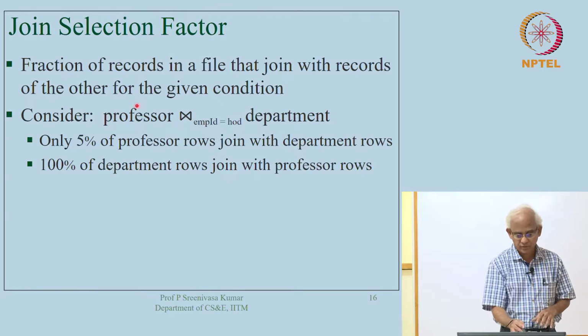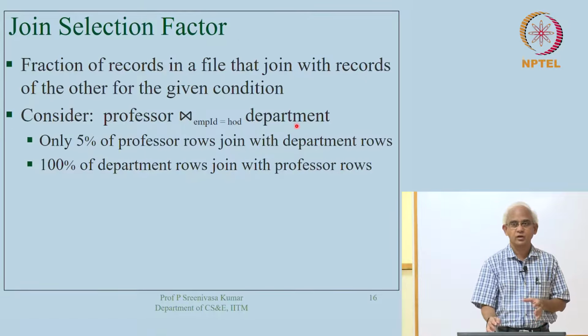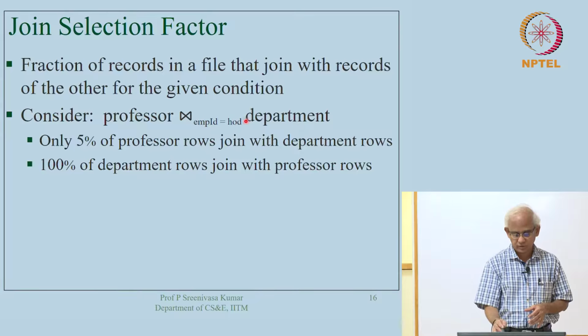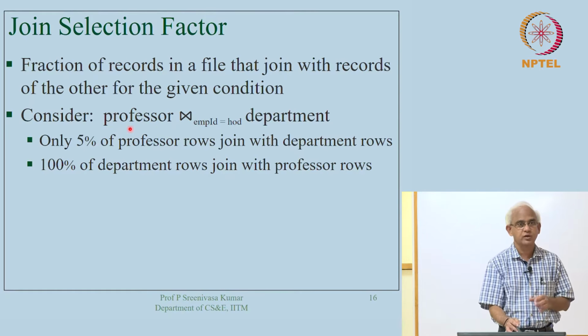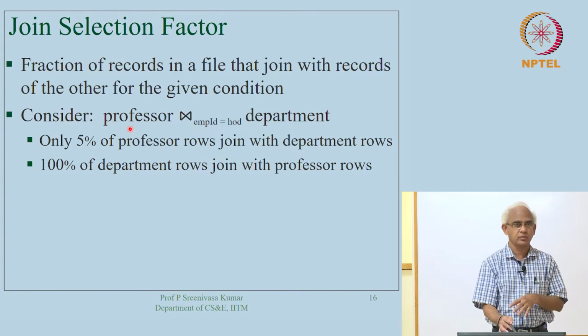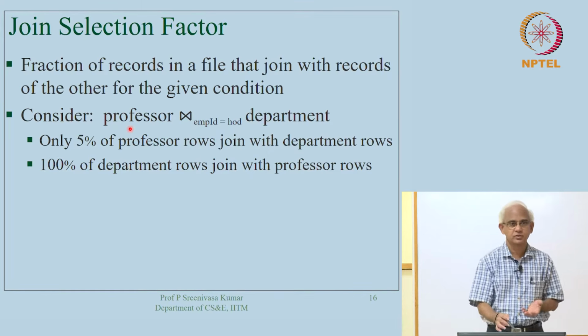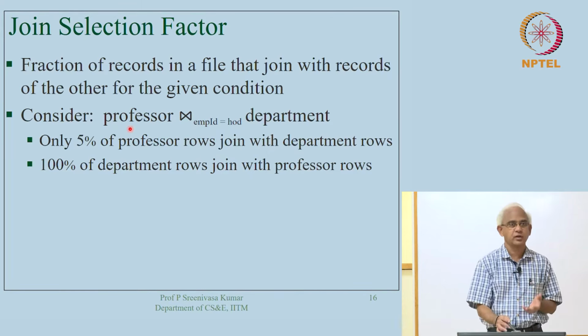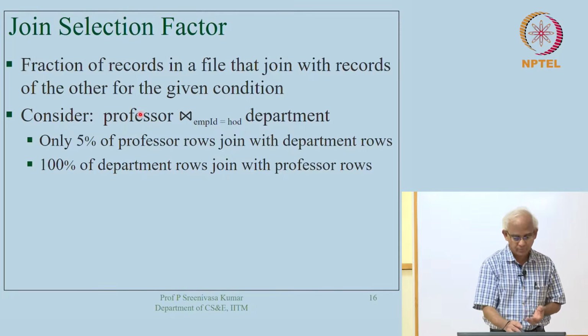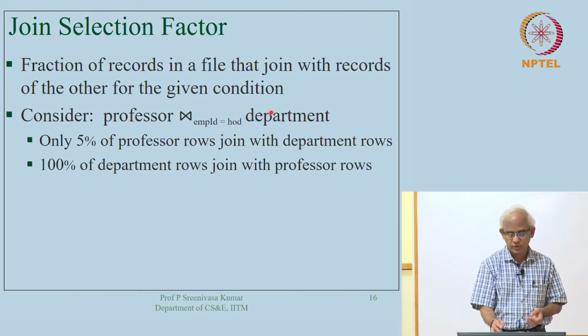So if you have some 500 professors and only 25 departments, only 5% of the professor records will actually have a matching department record. Only 5% of these professors are actually HODs, the rest of the 95% are not HODs. So if you try to join an employee ID with a HOD ID here, 95% of the time it fails.